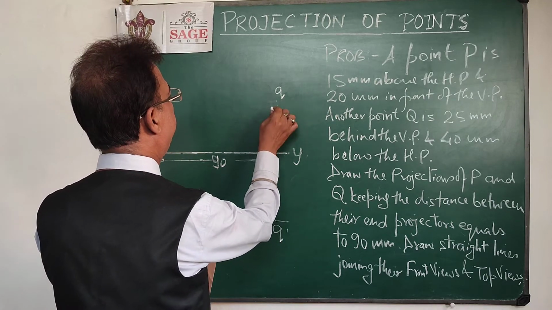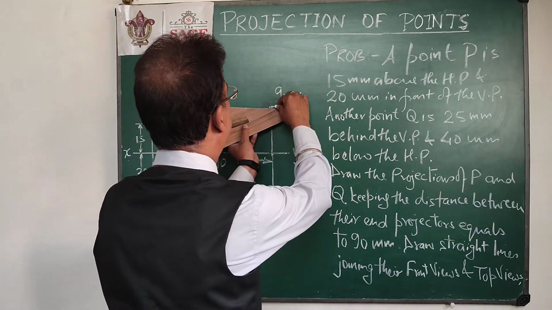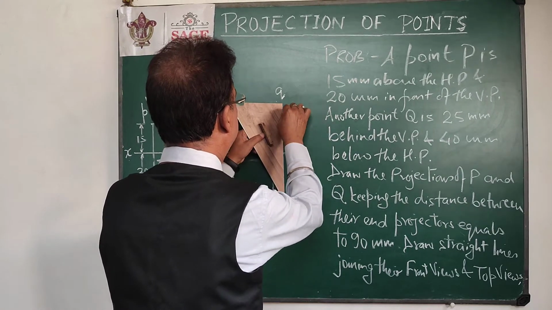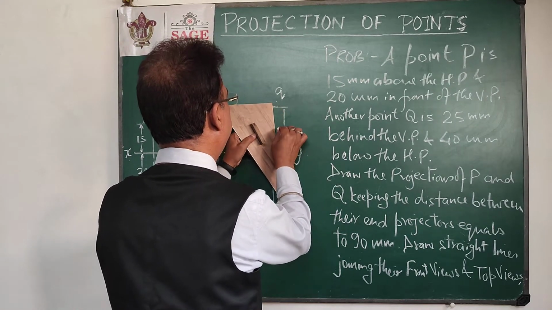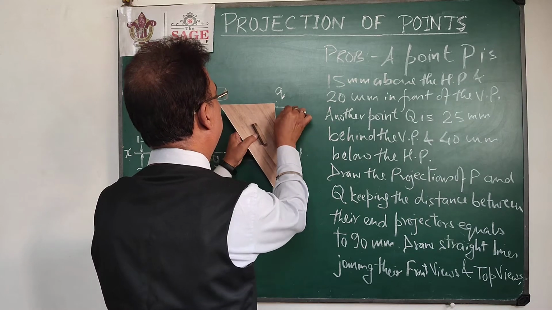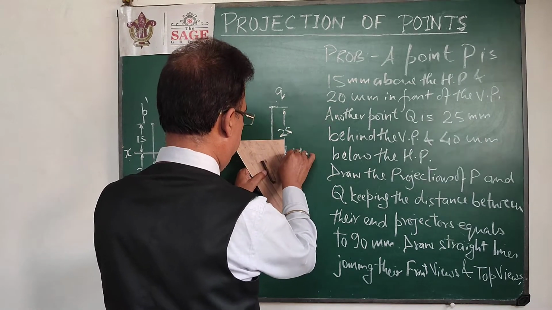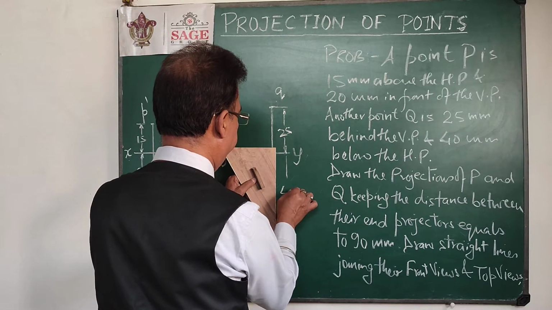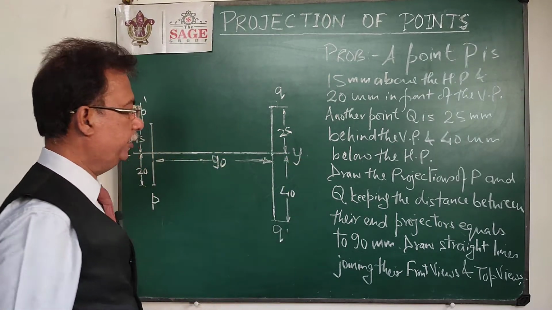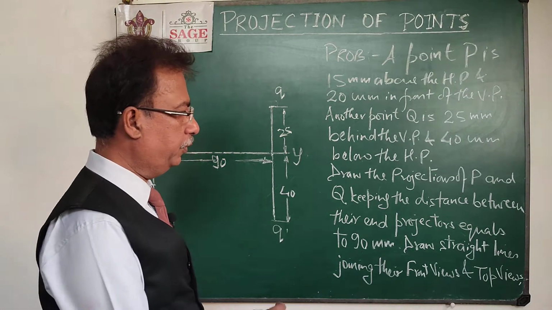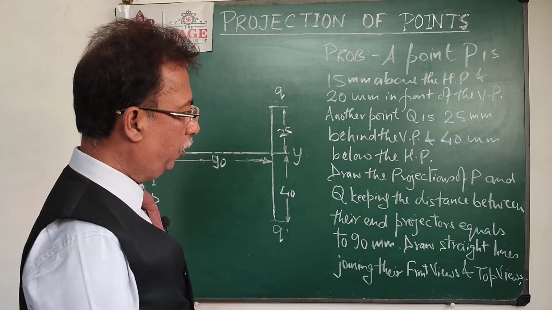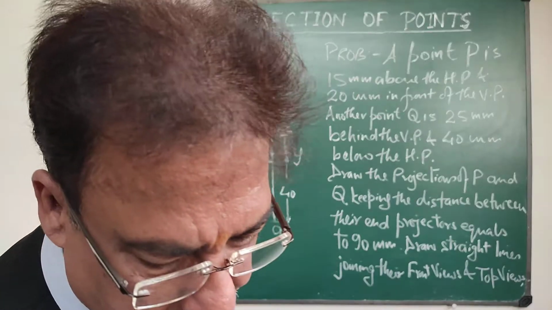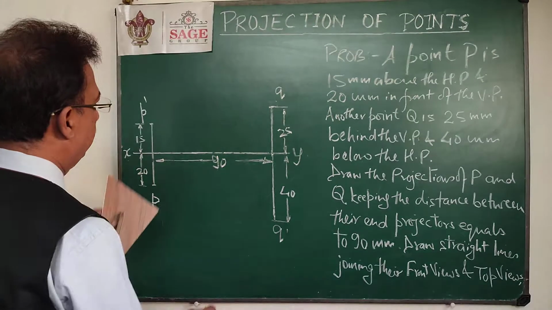So this way we mark these points. This is 25 and this is 40. So this way we have plotted both the points P and Q. Now we want to join the front view with the front view and the top view with the top view.